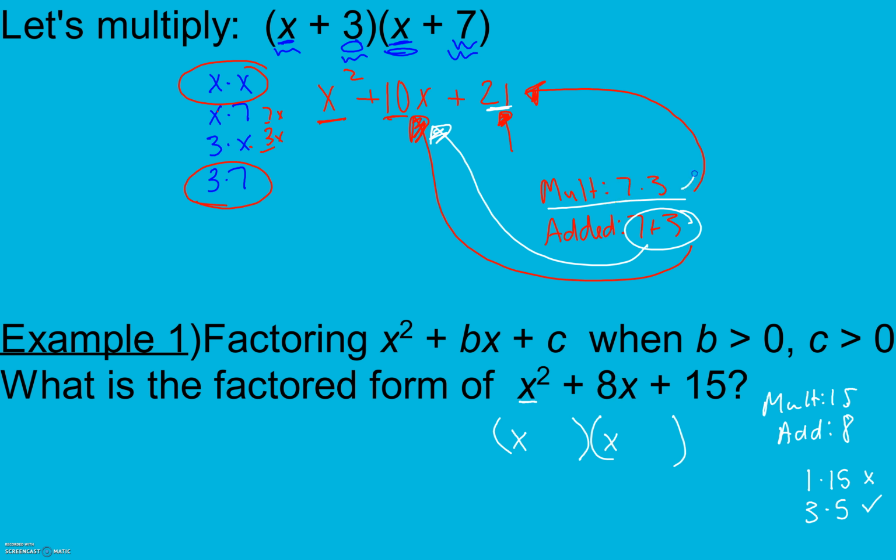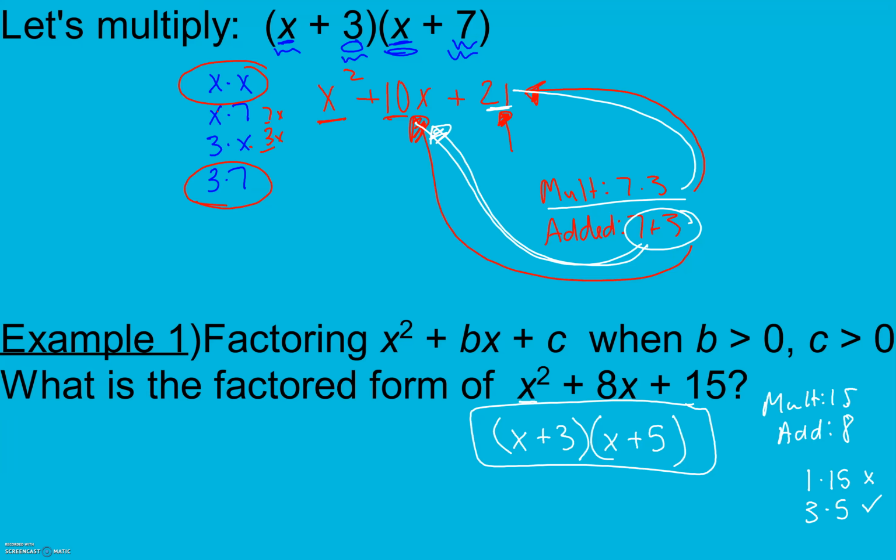Here, 7 and 3 had to multiply to 21 and add to 10. So we found 3 and 5, and it's a positive 3 and a positive 5 because we wanted to multiply to positive 15, and since we added, our signs are both the same, and here they're both positive. So x plus 3 times x plus 5 are the factors that we originally started with.